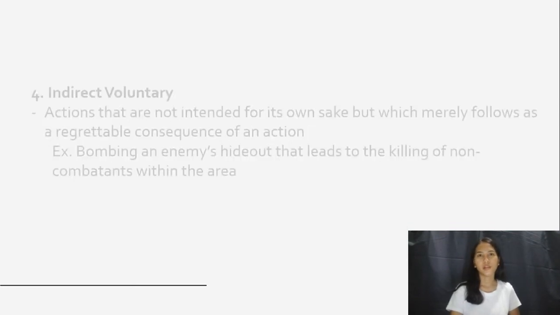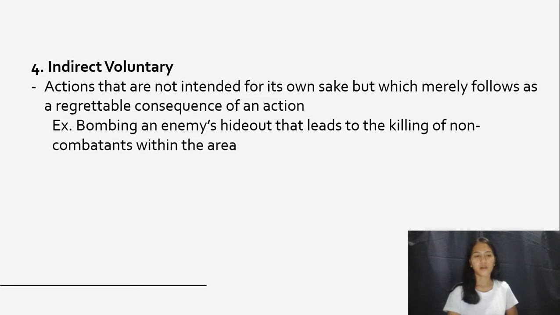The fourth one is indirect voluntary. These are actions that are not intended for its own sake, but which merely follow as a regrettable consequence of an action. Example is bombing an enemy's hideout that leads to the killing of non-combatants within the area.